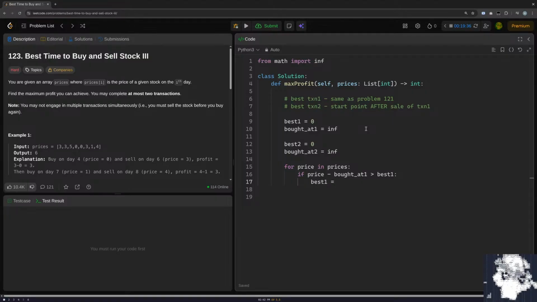Best 1 equals, like the other way to say this is best 1 equals whatever is best between best 1 and price minus bought at 1. So this is the what if we sell now question.